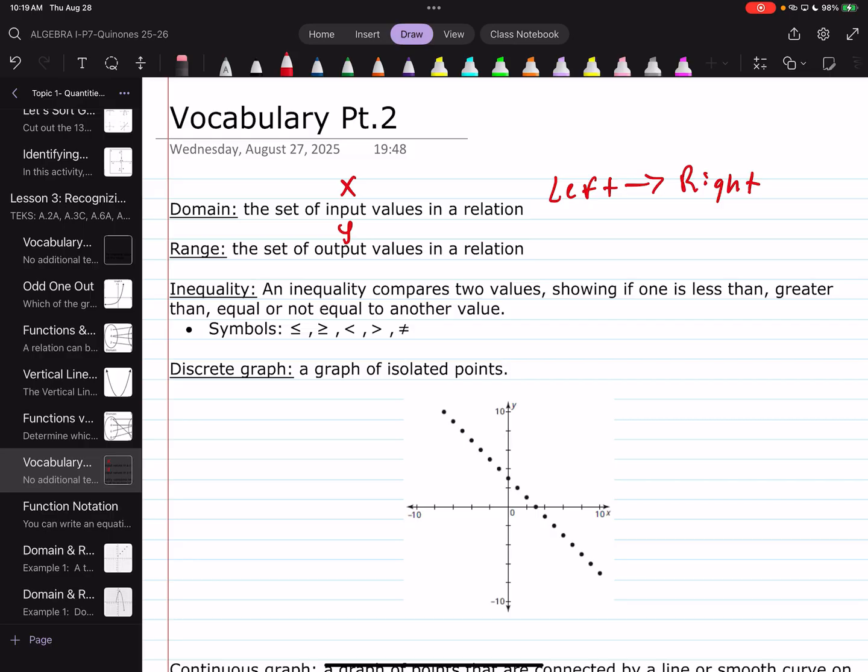We read a book from left to right, okay? Now for the range, when we look for where a graph exists in the range, we start from how far down the graph goes to how far up the graph goes. Super important again. You have to be able to read it this way every single time.